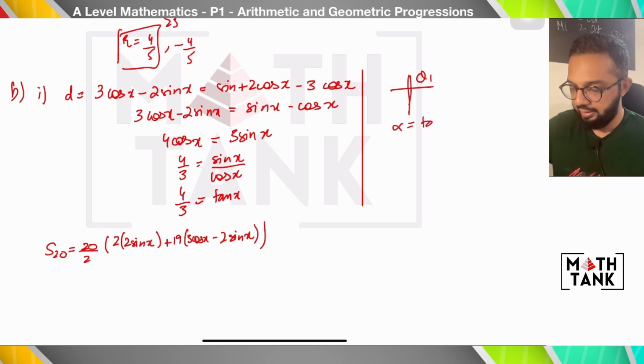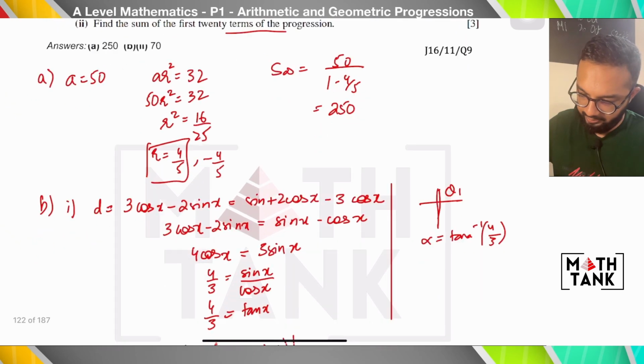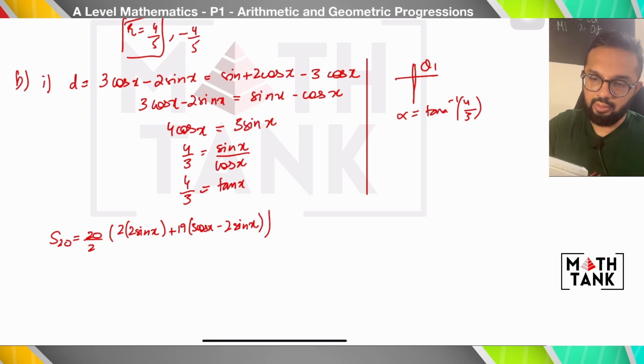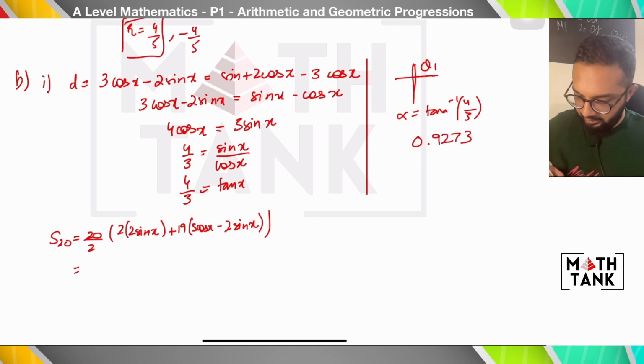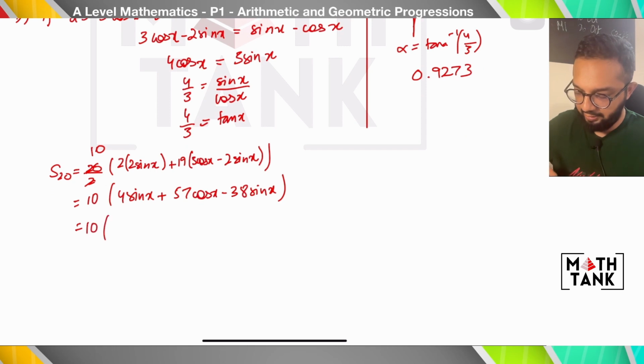I don't have my alpha, which is what I'm going to calculate. Quadrant 1, alpha equals tan inverse of 4 over 3. Tan inverse of 4 over 3 is basically, let's say, exact value. 0.9273. Okay, 0.9273. So I'm going to say 10 times 4 sin x plus 19 into 3 is 57 cos x minus 38 sin x. And I'm going to then at the end put in my value for x, because I don't want my answer rounding off a lot.